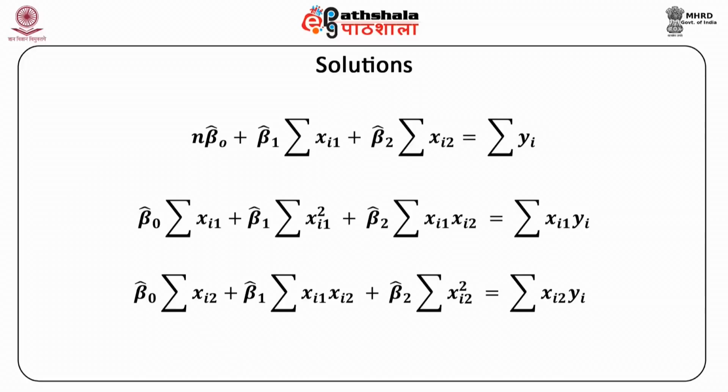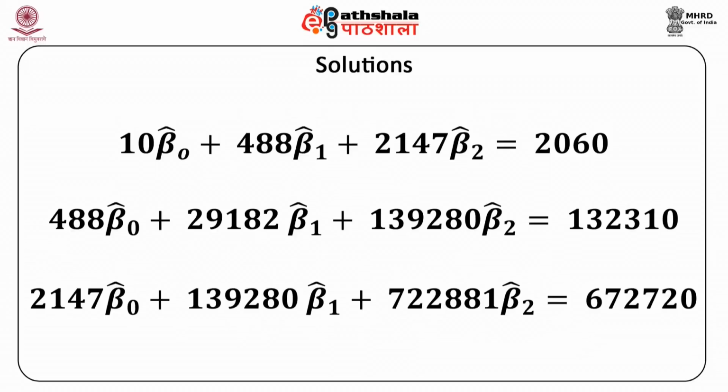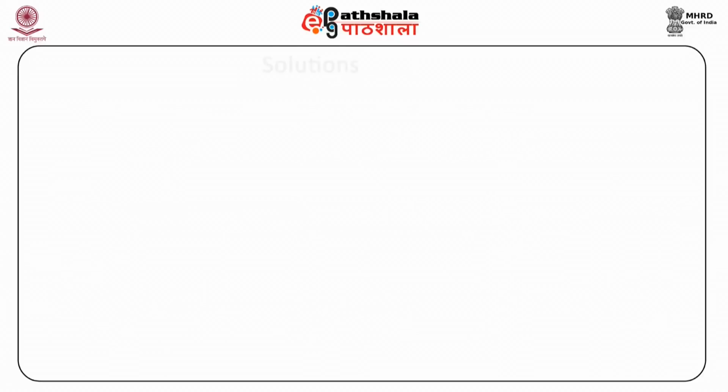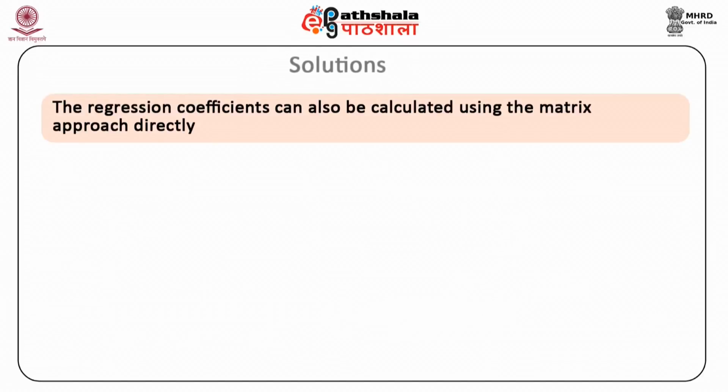You can use these normal equations to calculate the values of the coefficients. Substituting the values of the various summations into these normal equations, we get these three normal equations before you.